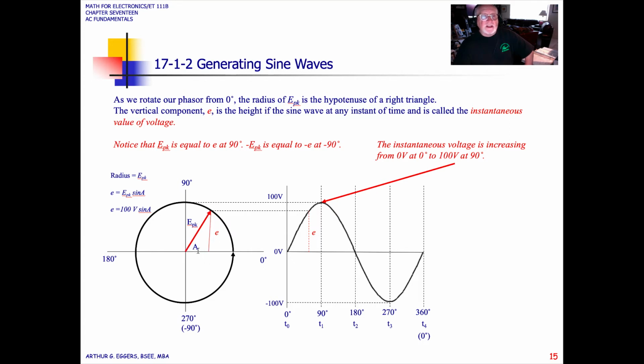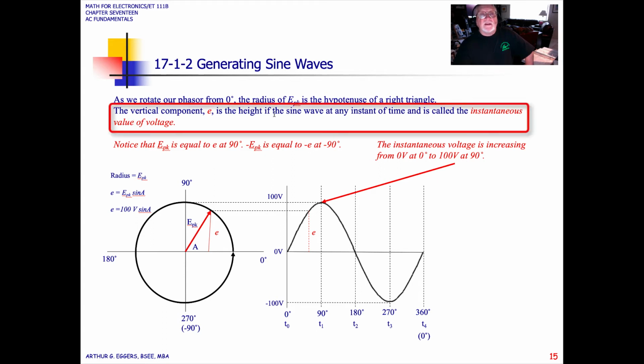The x-axis actually is the cosine component, or that projection, and the e value is our sine value. The vertical component e then is the height of the sine wave at any instant of time, and is called the instantaneous value of the voltage. And so it will change with time.